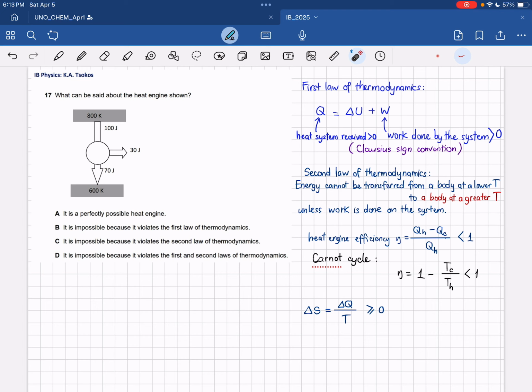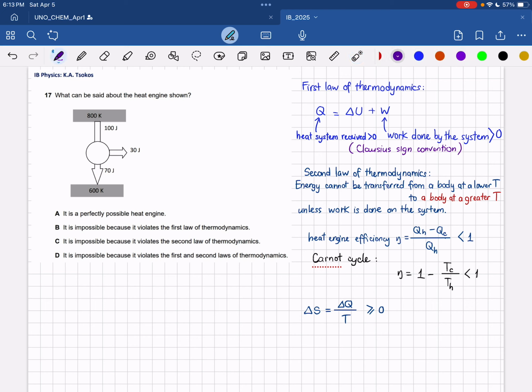So back to the question, let's see this one. You can follow the arrows, right? This is the hot source of energy, and then it goes into the system here. It provides 100 joule, and then it does an amount of work of 30 joule, and it also dumps an amount of wasted energy, 70 joule, to a cold reservoir here.